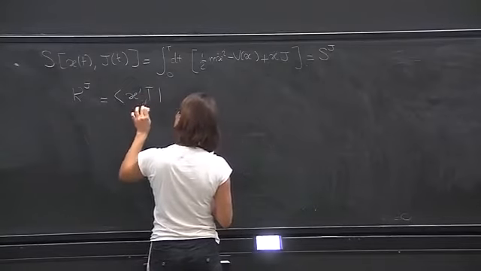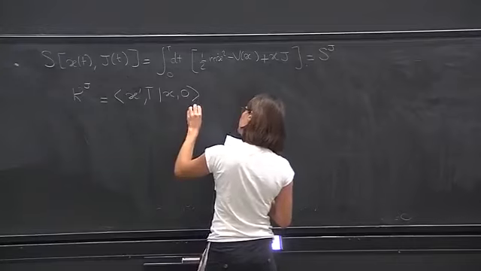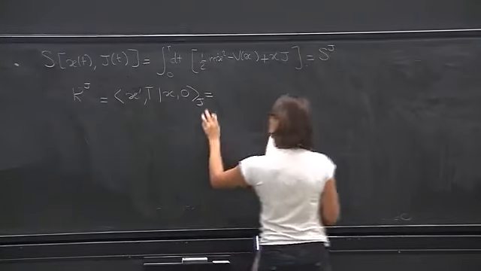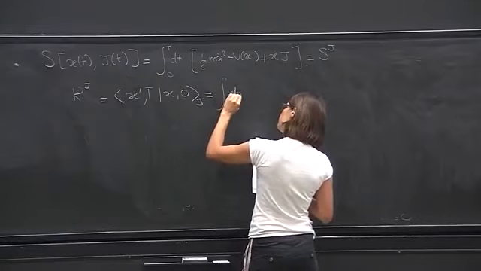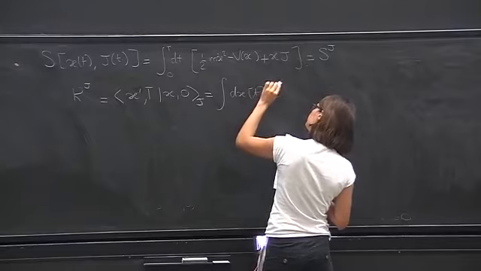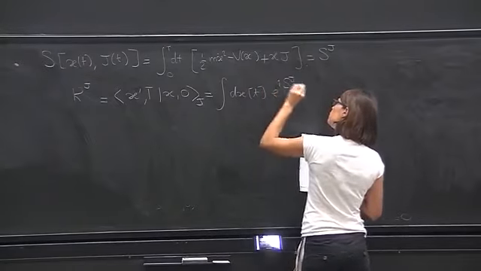So now, in terms of this new state, to remember that I'm using S, the action with the source, I'm going to put this subscript here. And so this is by definition what I call it, again, forgetting about H bar from the beginning.